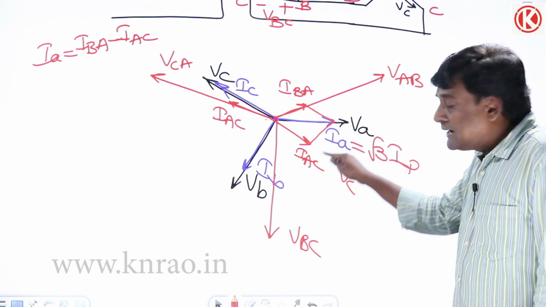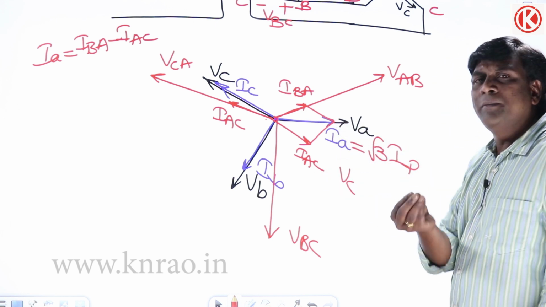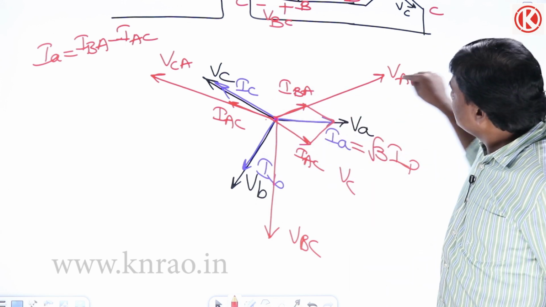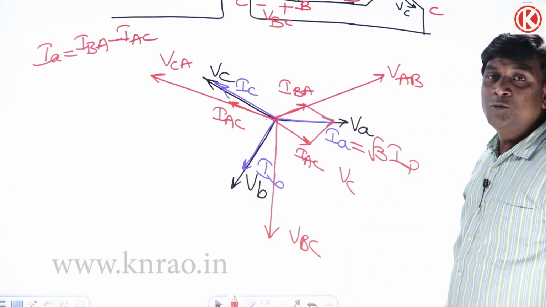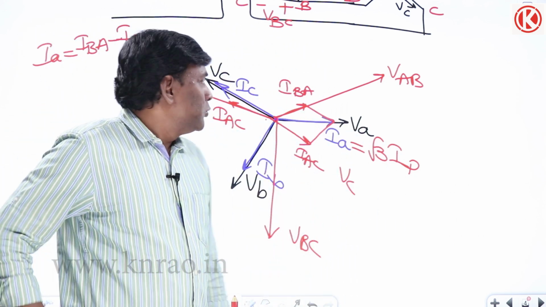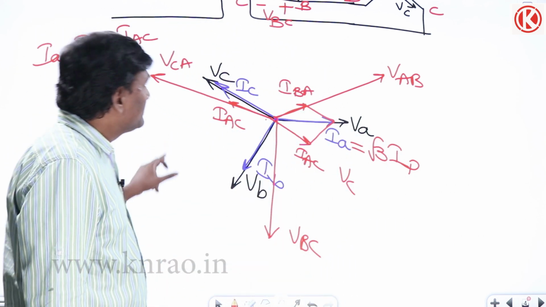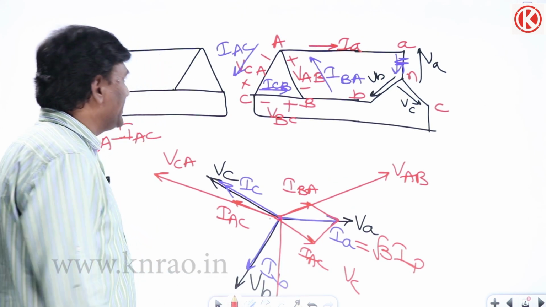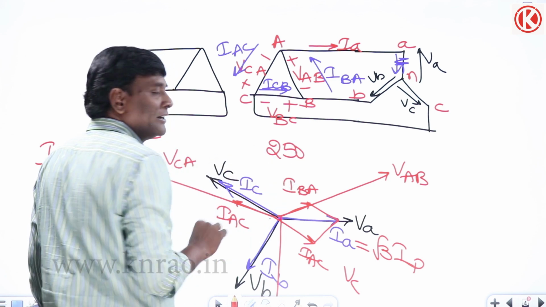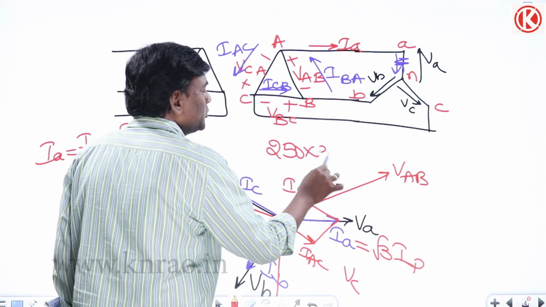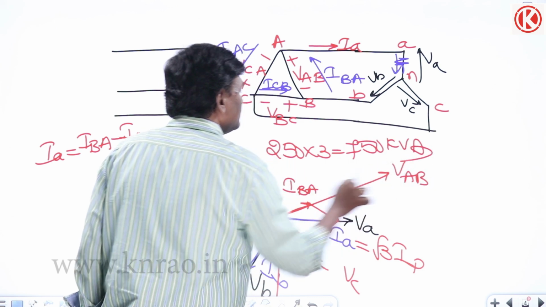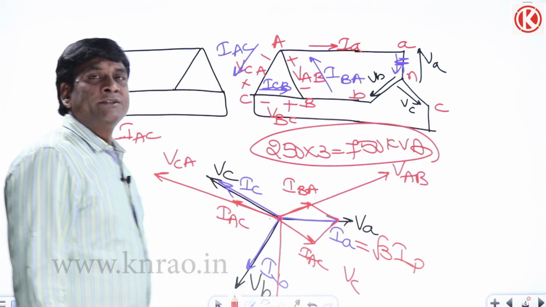If IA is lagged by some angle phi, automatically the complete system is going to be lagged, such that with respect to this voltage, current is lagging behind by the same angle. So for example, if each transformer is 250 kVA, the net resultant is going to be 250 into 3, which is 750 kVA, because a phase angle difference will not come.